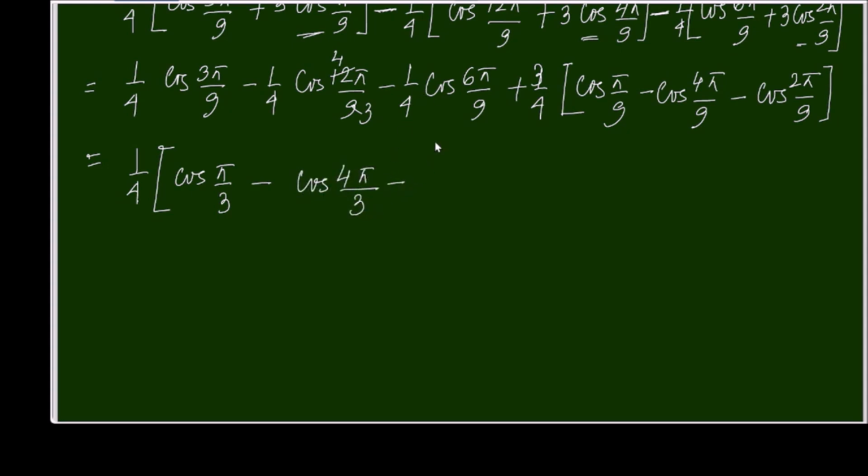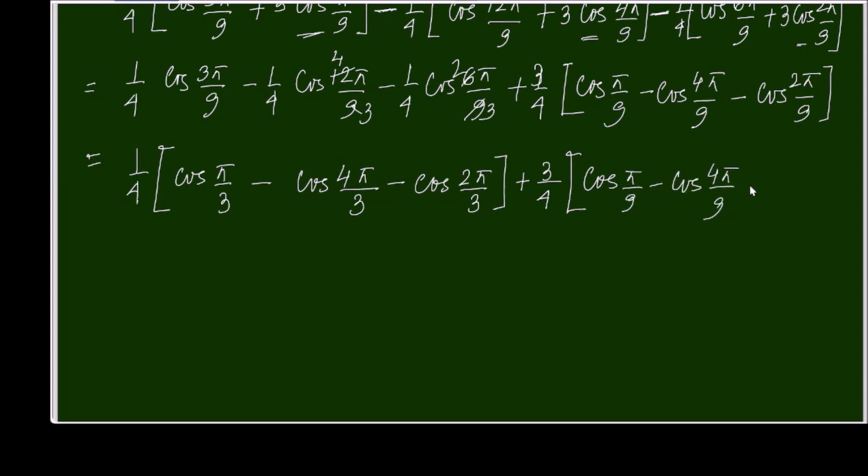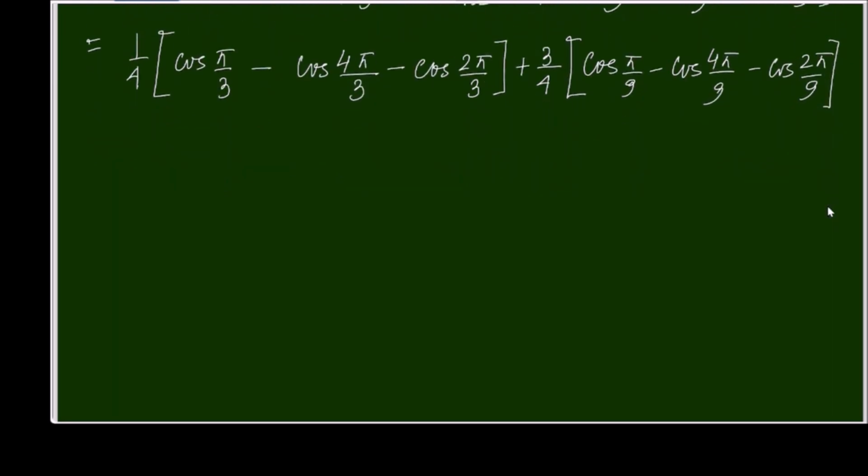And here also negative, it will be 2 pi by 3. Plus 3 by 4. I'm not simplifying in this step, have patience, I'll simplify in the next step: cos pi by 9 minus, I'm writing as it is, cos 4 pi by 9 minus cos 2 pi by 9. Then we'll go for simplification.